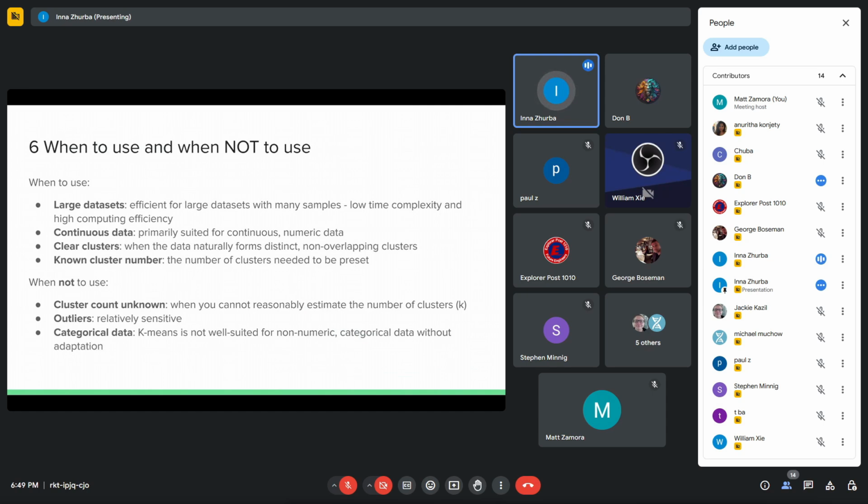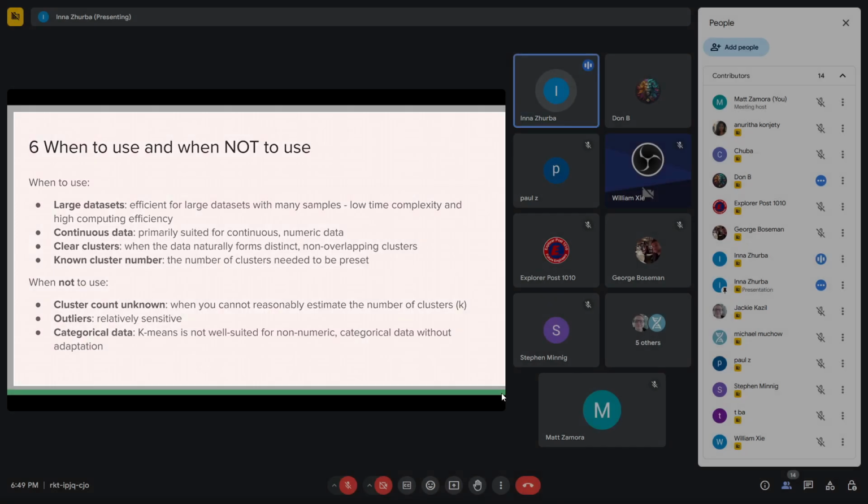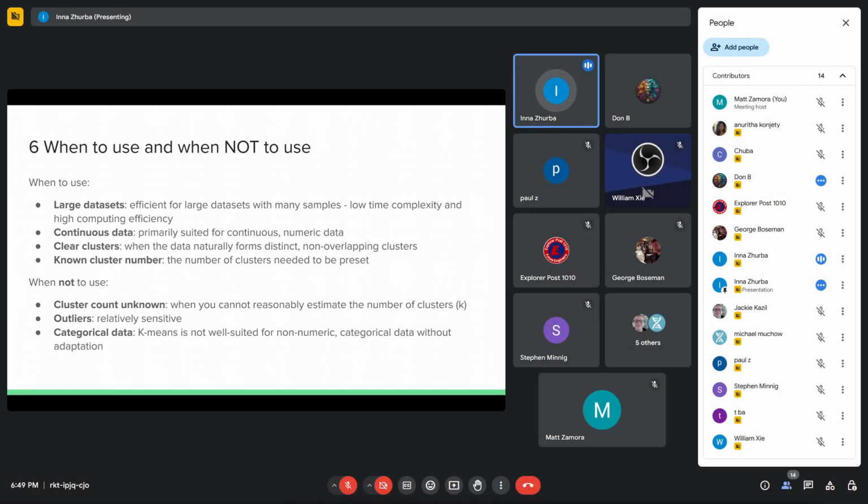Okay, and I guess finally we can summarize the usage of the k-means algorithm.